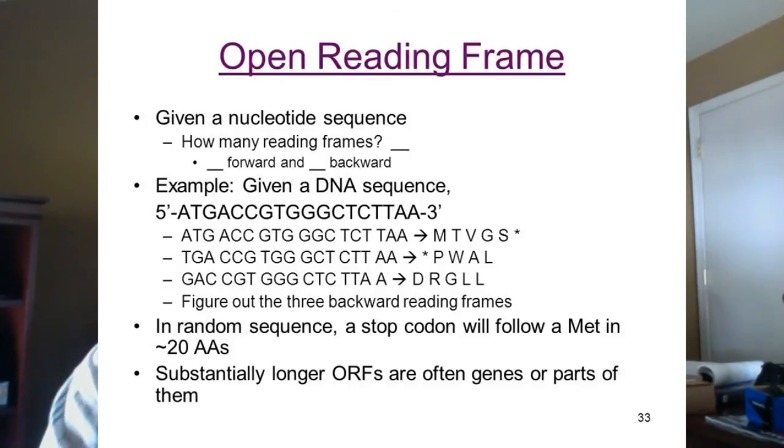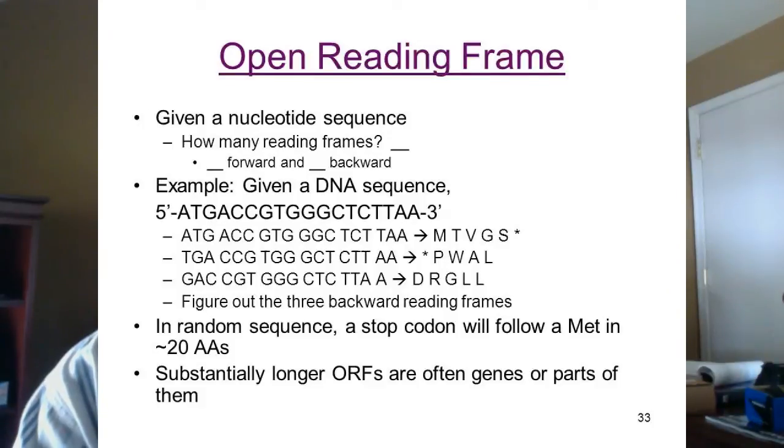Of course, we could just as well have begun the triplets at the letter T, so at the second nucleotide. And if we were to do that, notice we get a TGA, CCG, so completely different set of triplets, resulting in a completely different amino acid sequence.